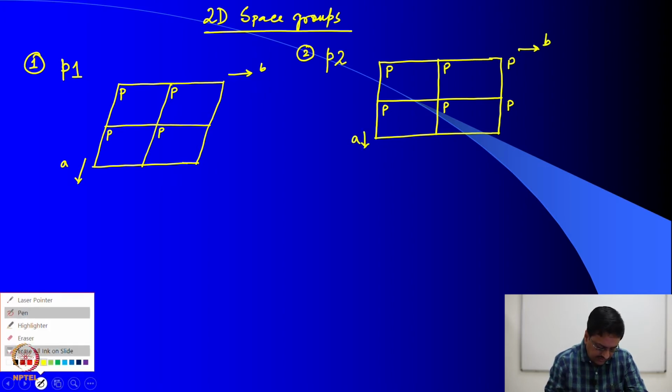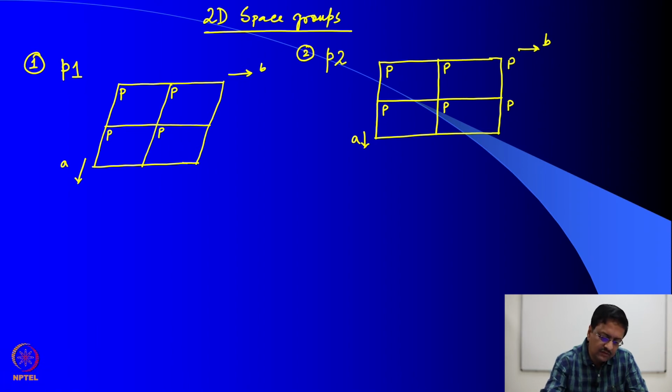Now, if you apply a symmetry element at this point, which I am drawing in red, this is a twofold axis which is passing through the corner of the unit cell. I should also draw the translational objects here as well, as this line can continue like this.